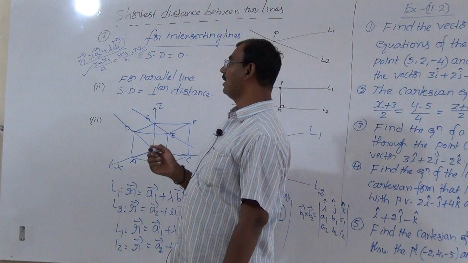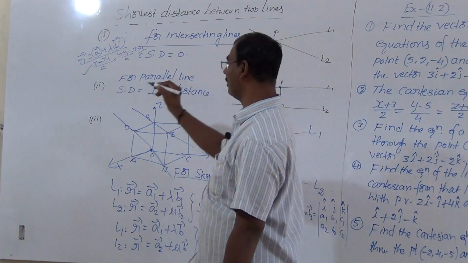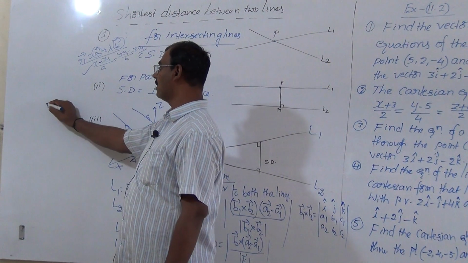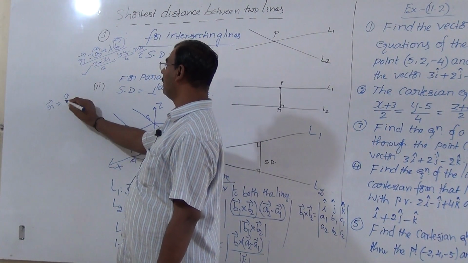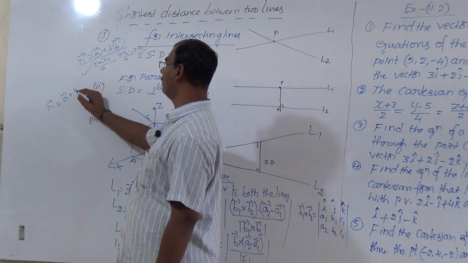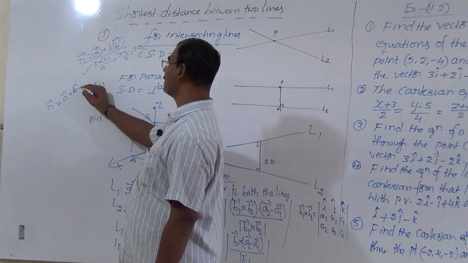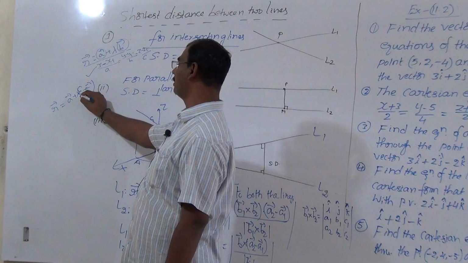Next one, what is the equation of a line passing through 2 points? It is also derived, we proved that last class. R bar is equal to A bar plus lambda times B bar minus A bar. So this is the equation of a line passing through 2 points.